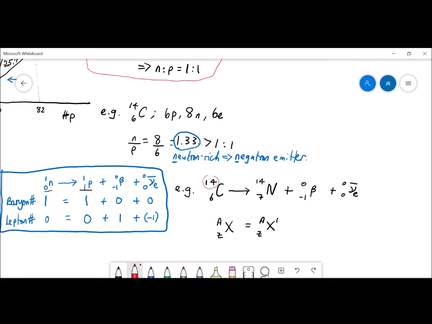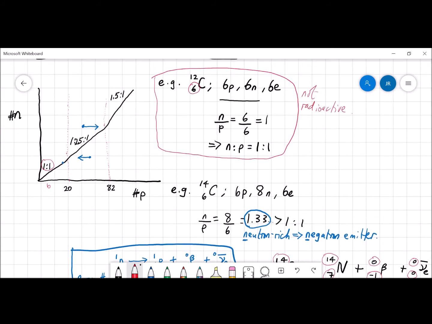So 14 equals 14 plus 0 plus 0. That's a true statement. And we have 6 equals 7 plus -1 plus 0. So we have obeyed our little guide rule here, and we are done with that sequence.